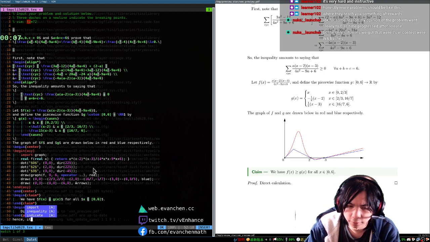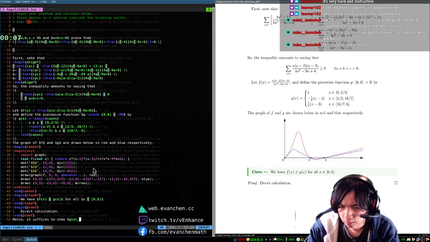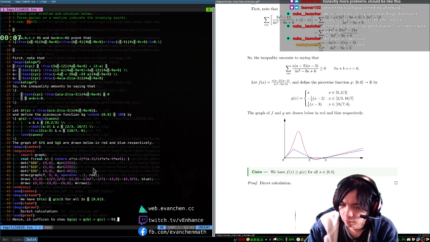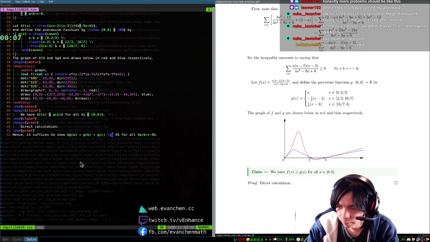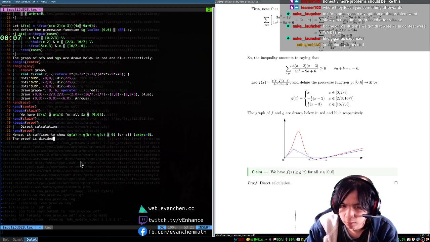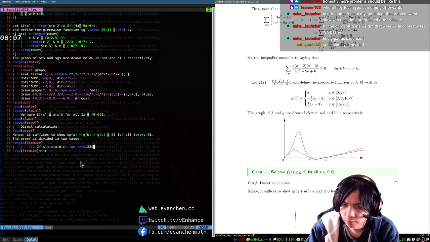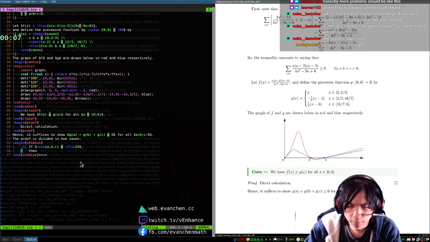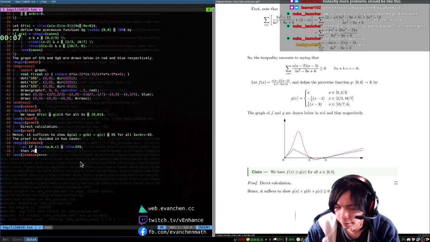Hence, it suffices to show that if min of A, B, C is at least 2/3, then Jensen finishes.